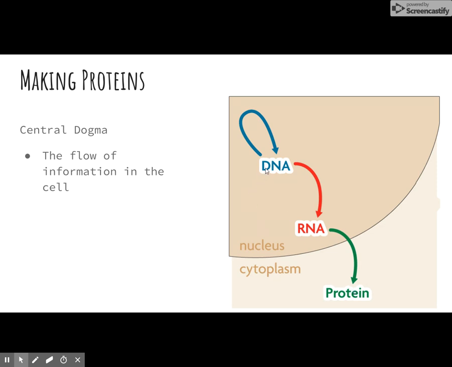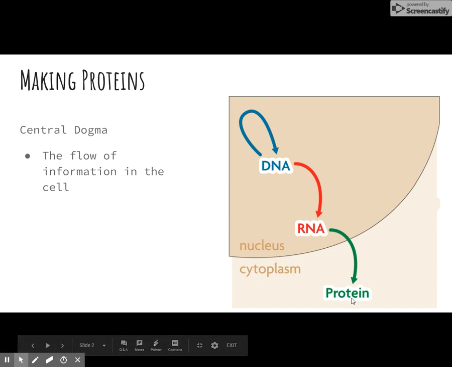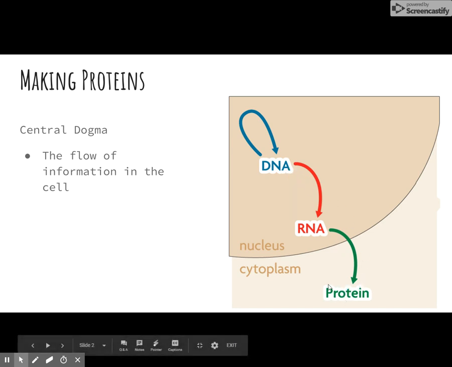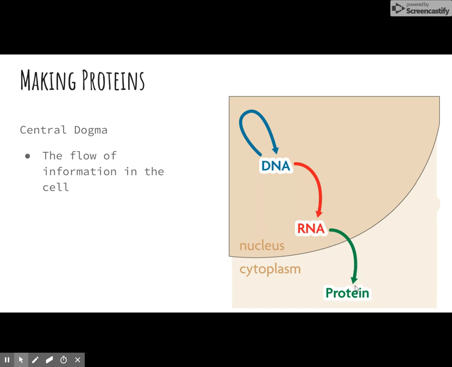So the flow of information is from DNA to RNA to protein, and that's what the central dogma is. Now, the flow of information can only run in one direction. We can never go back from a protein, figure out the RNA strand, and work out the DNA strand from there. We can only move in this singular direction.